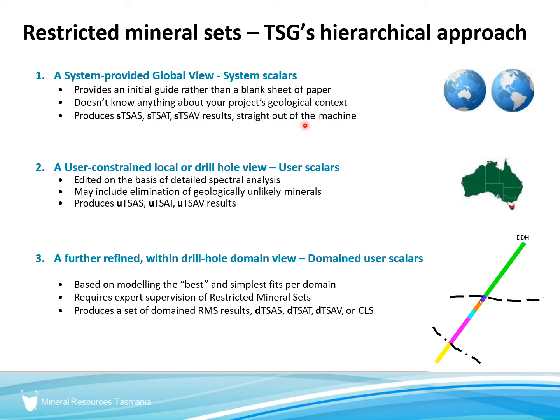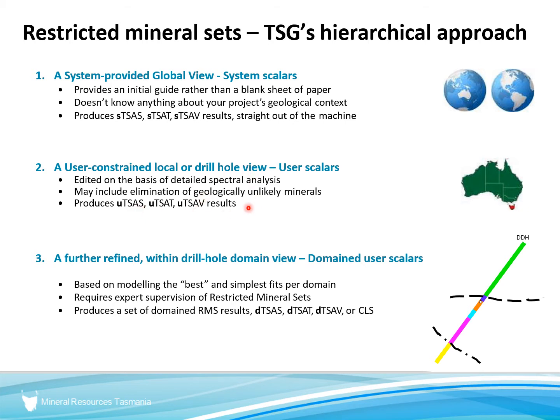Being automatic, they're not 100% correct, far from it, and a spectral geologist or someone with a more nuanced view of the geology might edit the spectral library with which we're comparing the spectra and eliminate some minerals, getting rid of furphies, if you like, and finish up with a user-interpreted TSA or Spectral Analyst result.